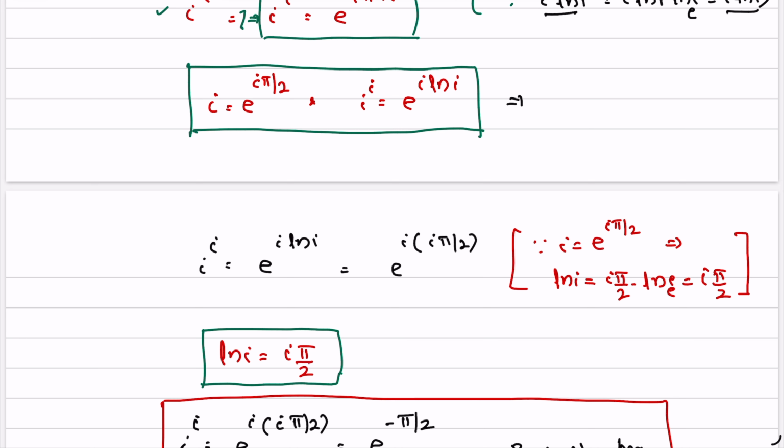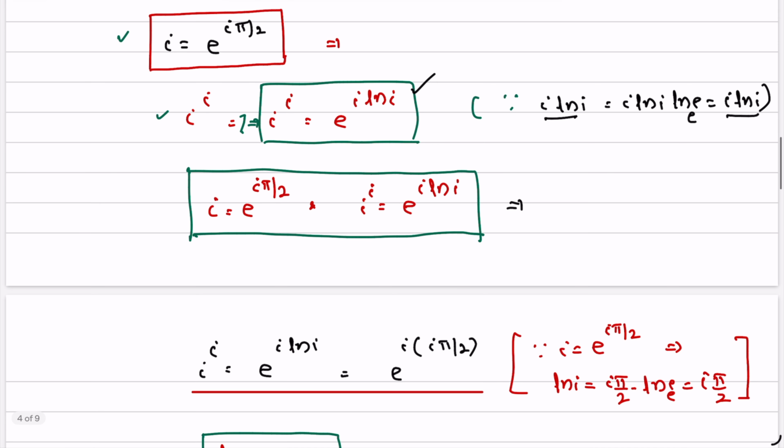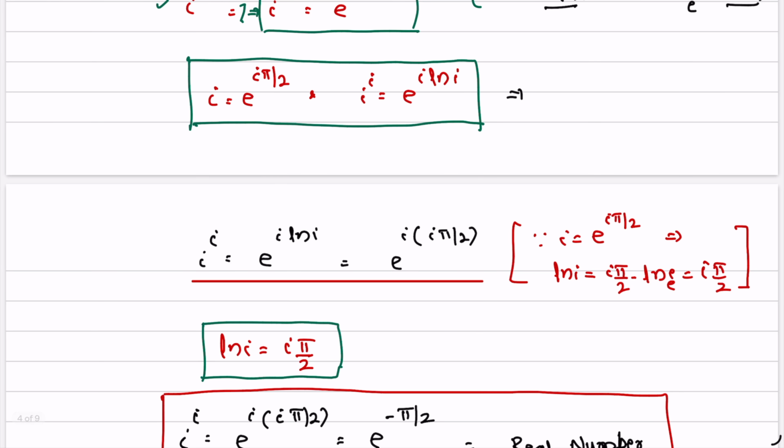We got i to the power of i as e to the power of i ln i, and from there we got this value. i is equal to e to the power of i pi by 2, so ln i is equal to i pi by 2.